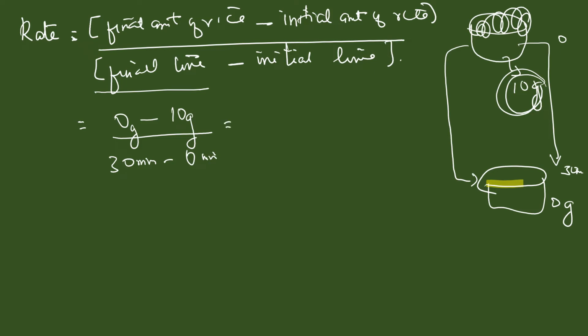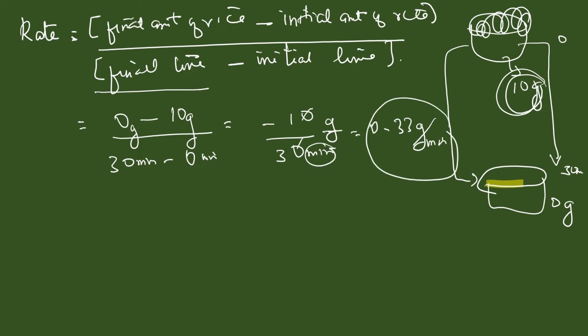So if you do the math, this is negative 10 grams over 30 minutes. This is basically 1 over 3, which is 0.33. The unit is going to be grams per minute. Okay, now this is the rate at which you were eating. You were eating 0.33 grams for every minute, or within a span of a minute. This is how much you were taking, 0.33 grams.